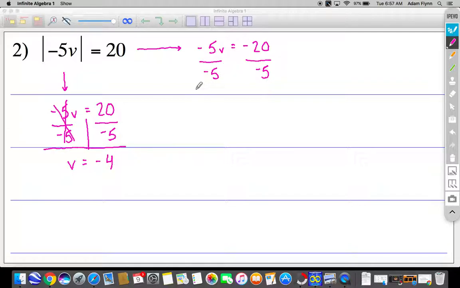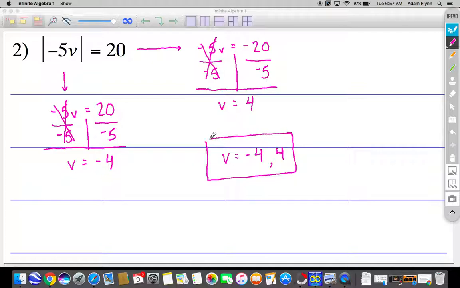And over here, for my other solution, -5s cancel. So I end up getting v equals -20 divided by -5, which is +4. So v equals -4 and 4. So when we plug in -4 and 4 in for v, for this absolute value equation, we will get 20. Okay, moving on.